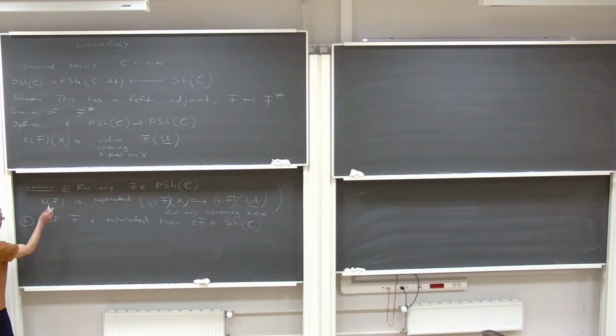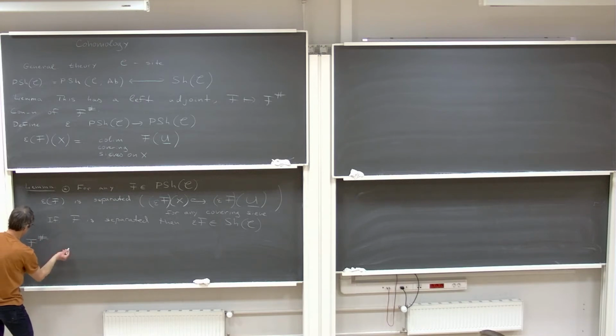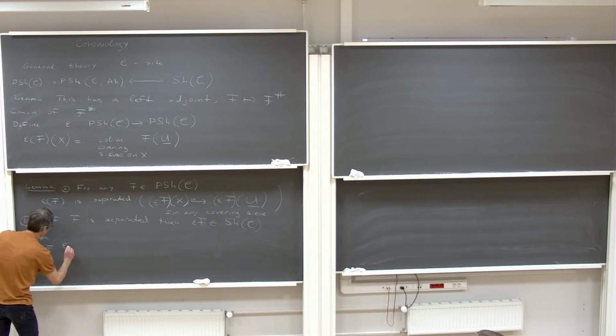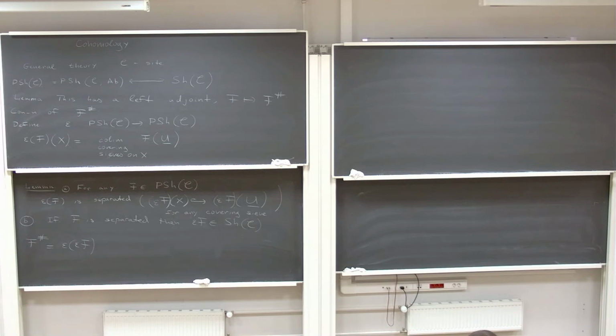So, having this lemma, we define sheafification as epsilon of f. And again, if you work just with topological spaces, you still need to apply epsilon twice.